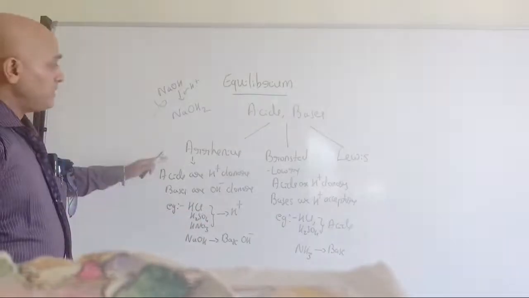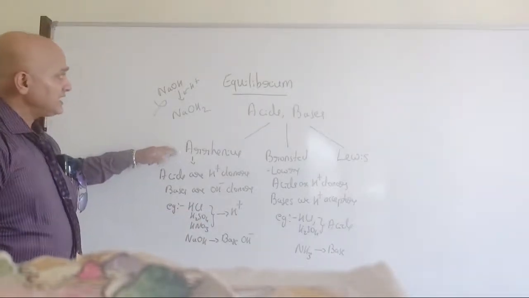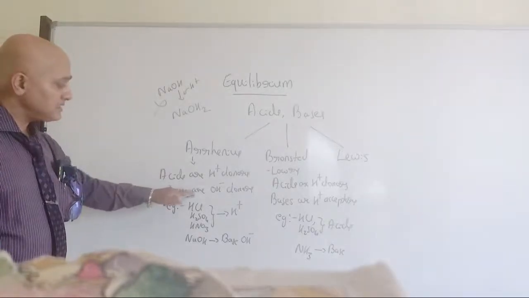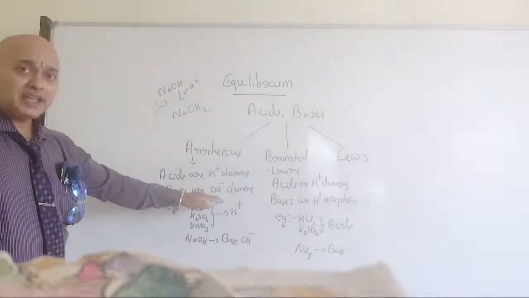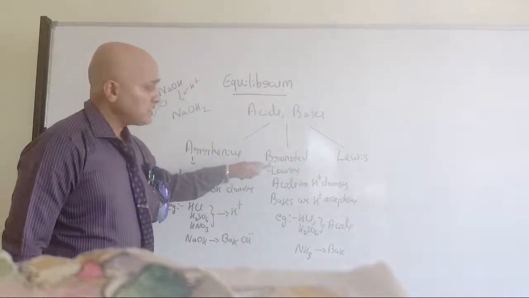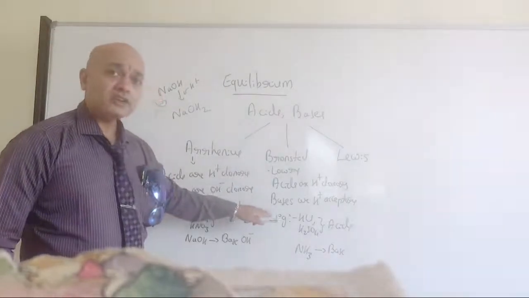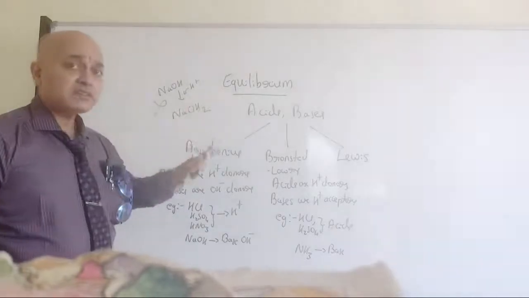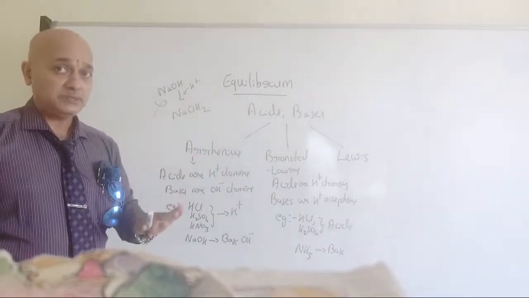So that's where Bronsted-Lowry theory has some problem. What I mean to tell you is, according to Arrhenius theory, yes, sodium hydroxide can be considered a base because it is a donor of OH minus. But according to Bronsted-Lowry theory, there is a confusion because as a molecule sodium hydroxide is not going to take up the H plus.